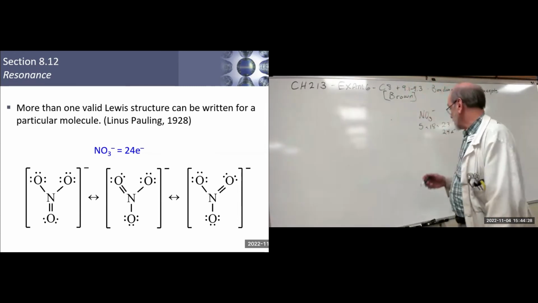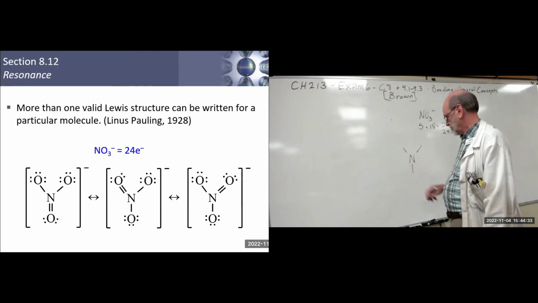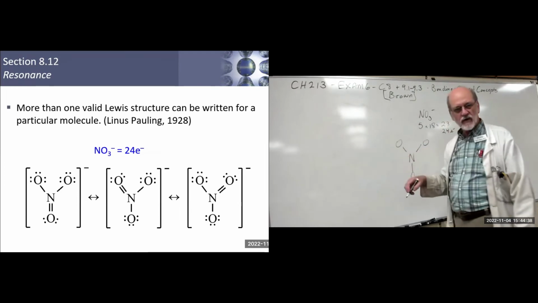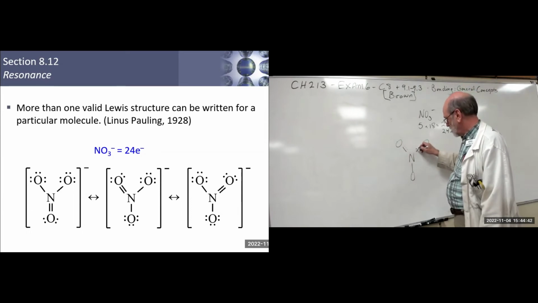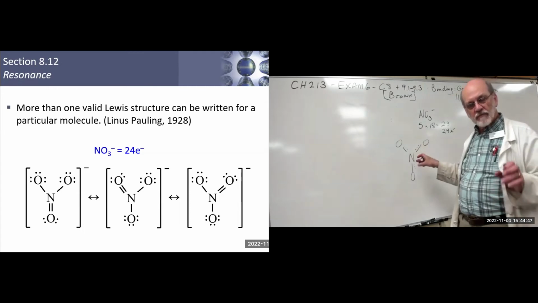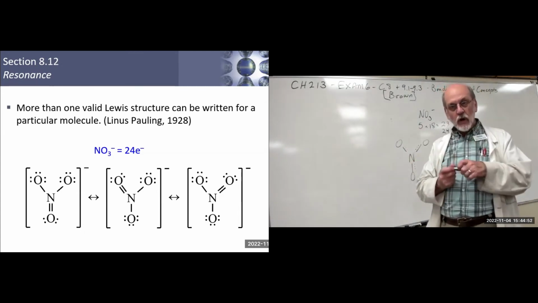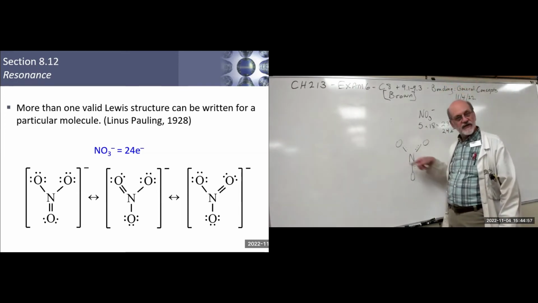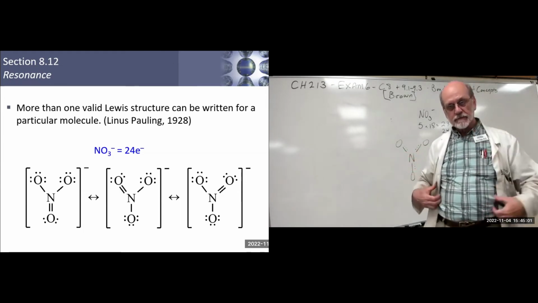Now, in reality, this molecule, like that, has its oxygens. I'm not going to write the lone pairs on there. These bonds are kind of in between single and double bonds. We know that because when you measure the length of the bonds, they're all the same. If one of them was a double, then it would be shorter.